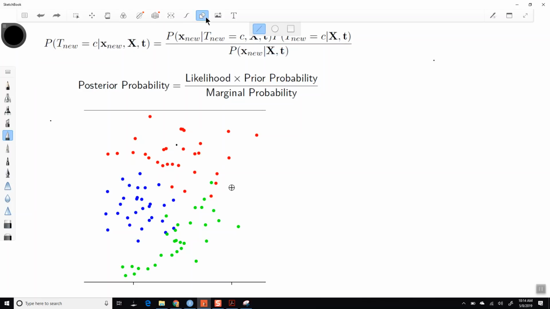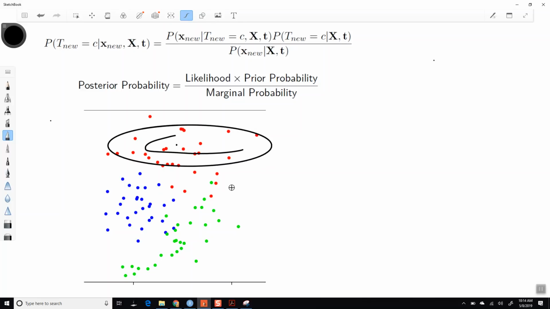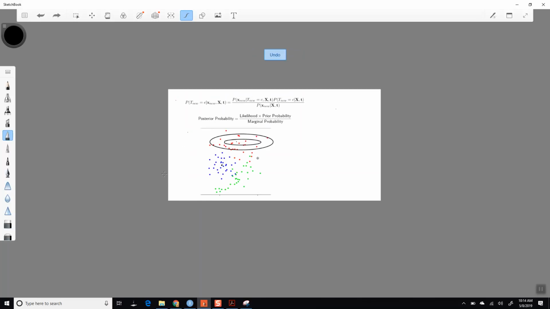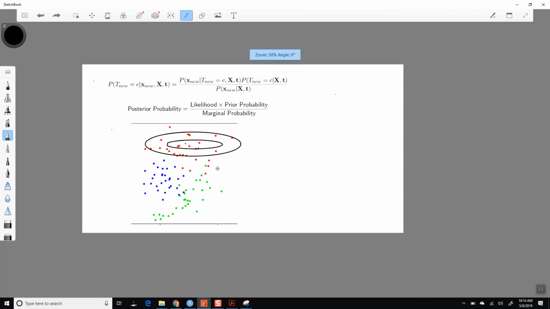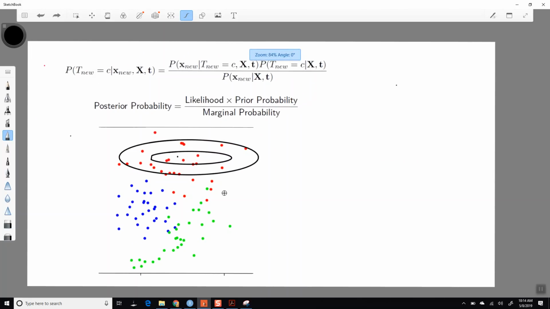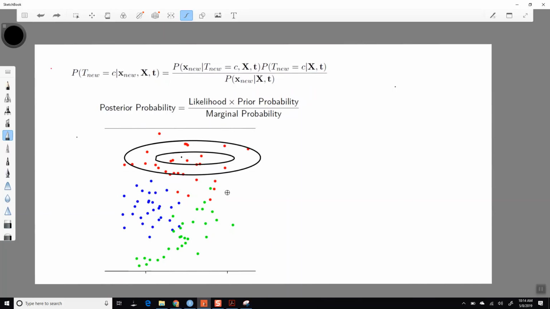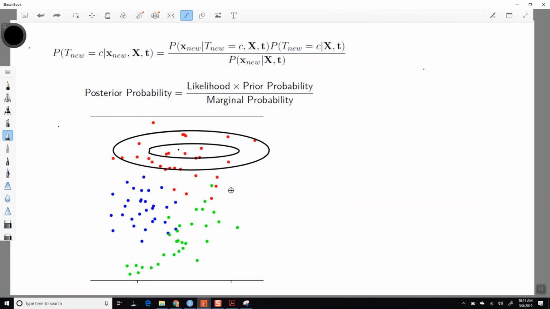I don't know how to draw this, so I'll just freehand, but this is kind of the multivariate Gaussian PDF density. Something that looks like this, okay?